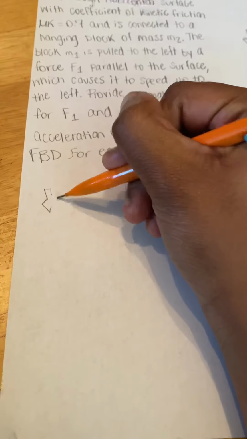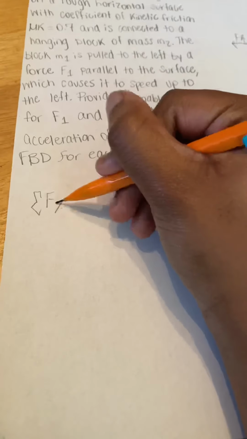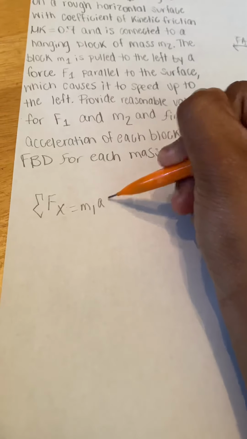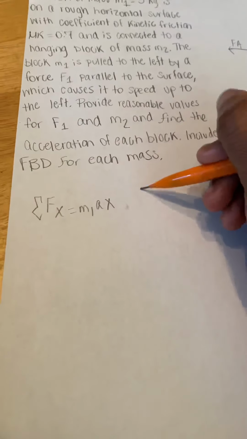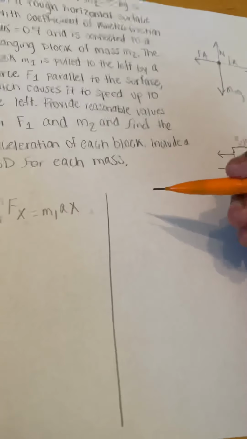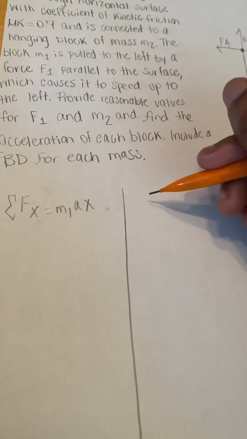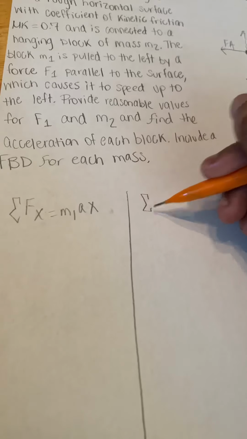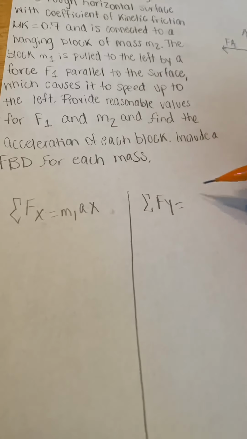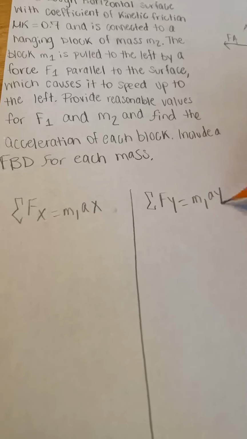And so you want to separate your x's and your y's, so the sum of Fx equals M1ax, and the sum of Fy equals M1ay.